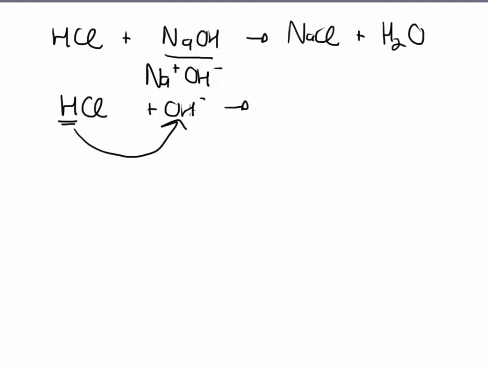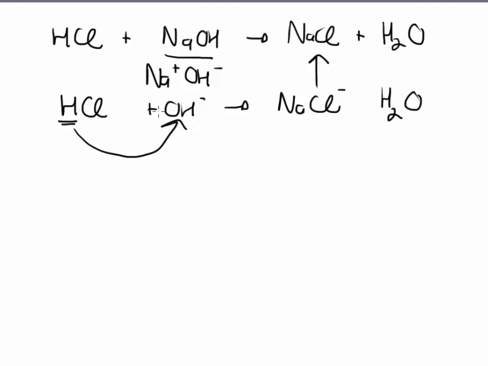And one of our products that forms therefore is H2O. What stays behind is the Cl minus that will attach to the Na plus, and we actually then normally write it as NaCl and without the charges because we know that that means an ionic bond is formed. So this is a basic acid-base reaction.